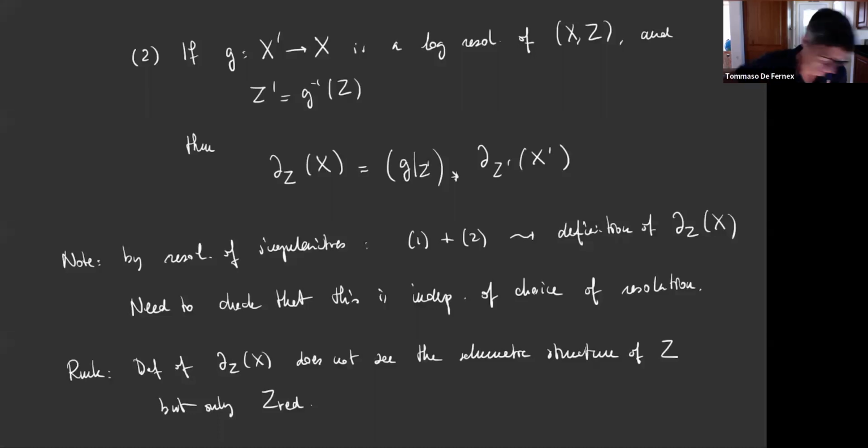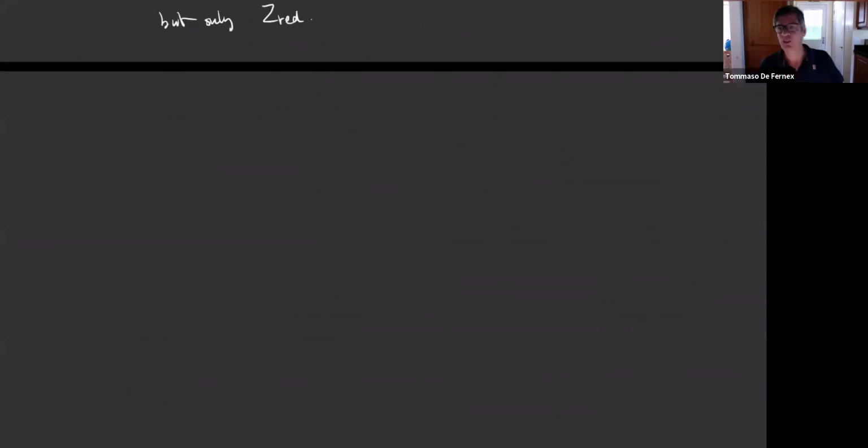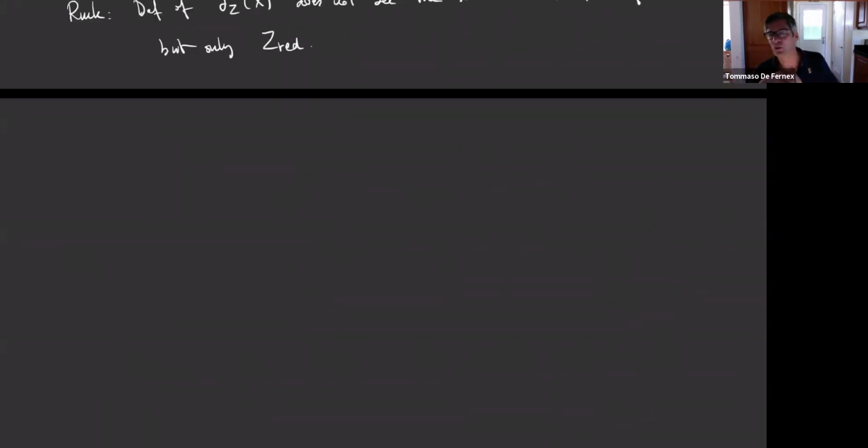I think that looking at schemes only through the reduced structure is kind of common in these situations. For instance, if you define a Grothendieck group of varieties, sometimes you want to work with schemes, but the Grothendieck group also will not see the non-reduced structure of a scheme. So it's kind of consistent with that.